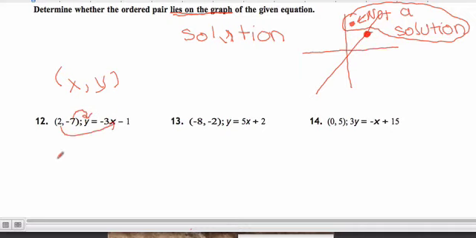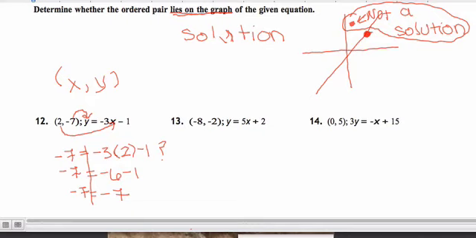So I have -7 equal to -3 times 2 minus 1, and this is a question. So is -7 equal to -6 minus 1? -7 equals -7, so this is a point on the line.